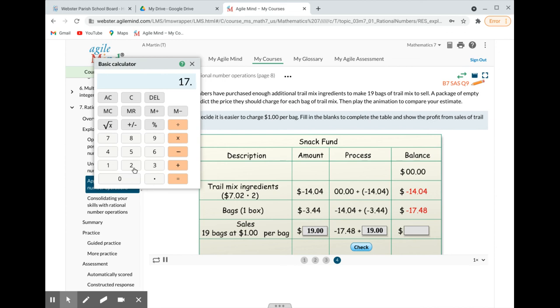Yep. Negative 92 cents. That'd be like $2 and something. Pretty close. What is it going to be? Look at that calculator. $1.52. Let's see if that works. Yep, worked out great. So it says if they charge $1 per bag, they're going to make a whole $1.52.